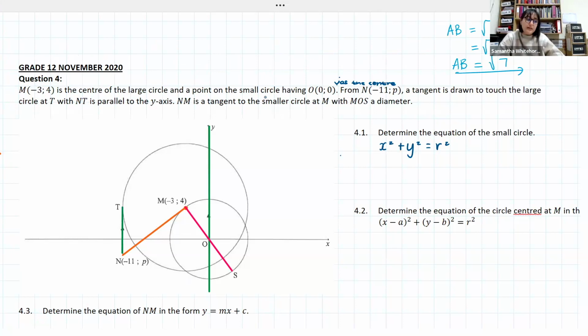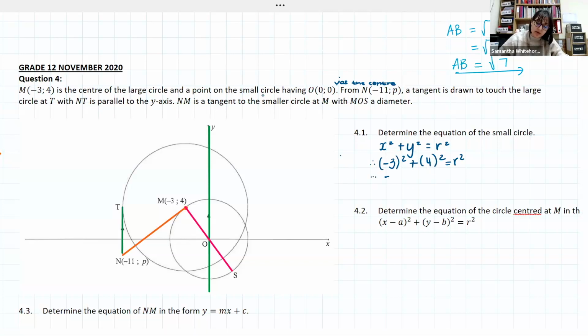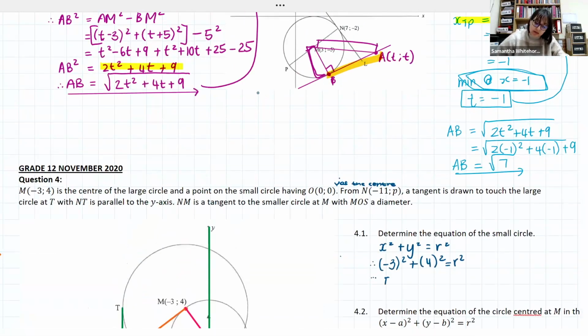You can very easily work out your radius, because your radius is from O to M or O to S. It doesn't really matter. But you know that M is on the circumference, and you can just substitute in that coordinate exactly like we did in the last question. So we've got (-3) squared plus 4 squared equals r squared. So 9 plus 16 equals r squared, which means r squared is equal to 25.